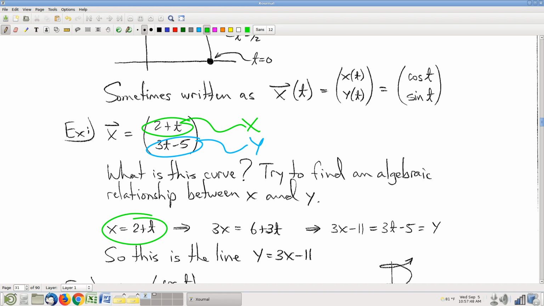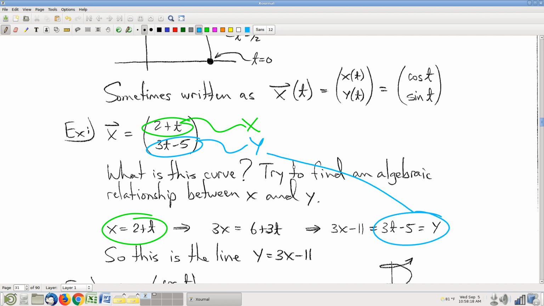Now it's starting to look a little bit more like y. It's not exactly y, but it does have in common that there's a 3t. My constant's not right, but I can tweak that with a little more algebra, just subtract 11 from both sides. Now I get 3x minus 11, which becomes exactly what y is.